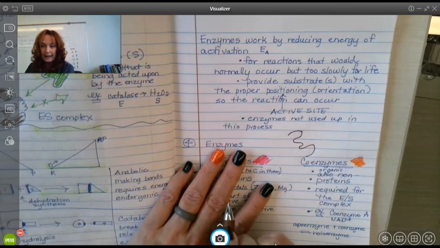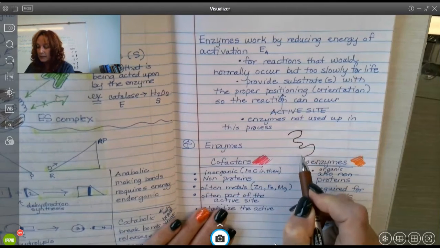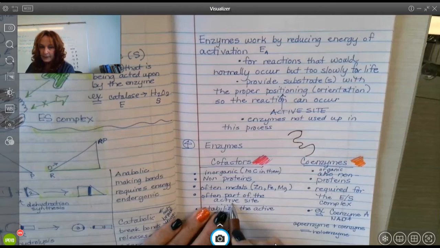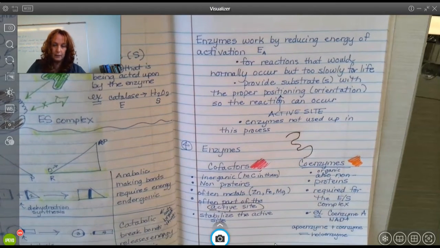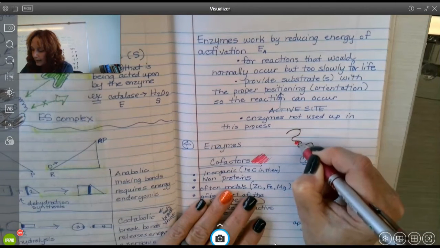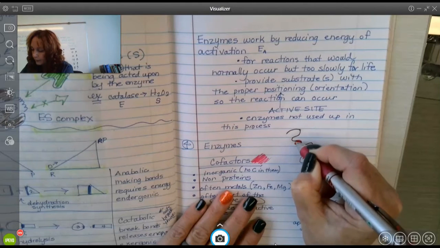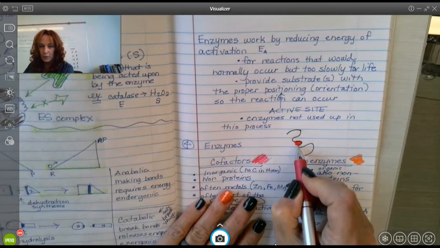So there's my active site, and we said the cofactor needs to be in the active site, right? So this is my pink. So what I think I'm going to do is I'm going to make this piece right here, this sitting inside of the enzyme, that's going to be my cofactor. I know that because it's pink, right?